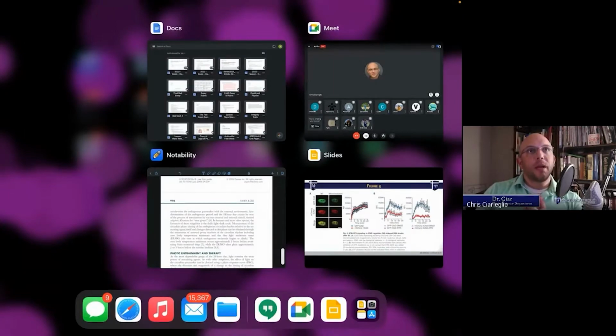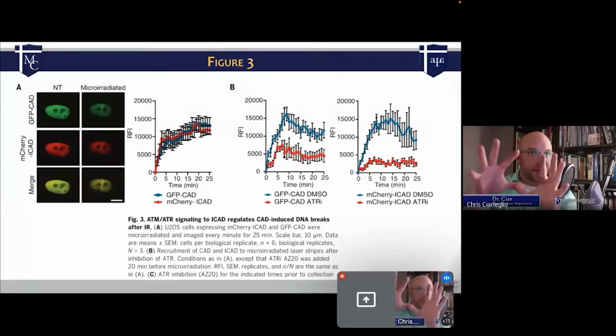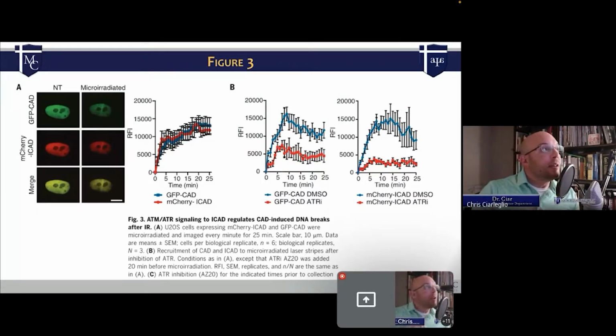I think I've shown you guys that I had a mouse whose brain would glow during the daytime, and then it would stop at nighttime, and then it would glow during the daytime, and then it would stop at nighttime. That was a protein called green fluorescent protein. That's what GFP is here in this figure. Green fluorescent protein, and it is attached to the promoter for CAD.